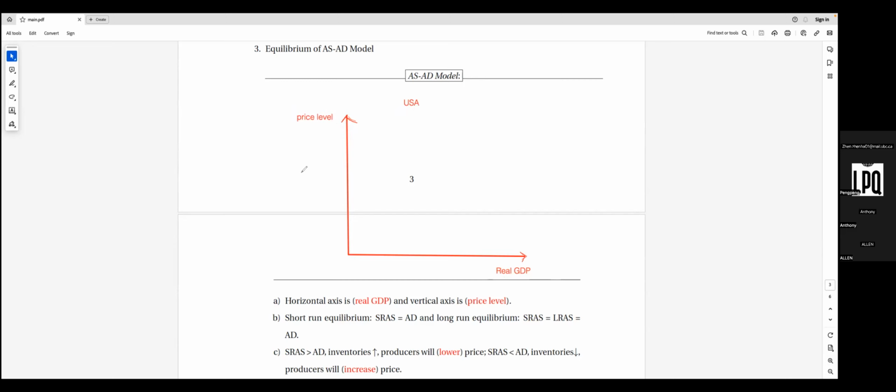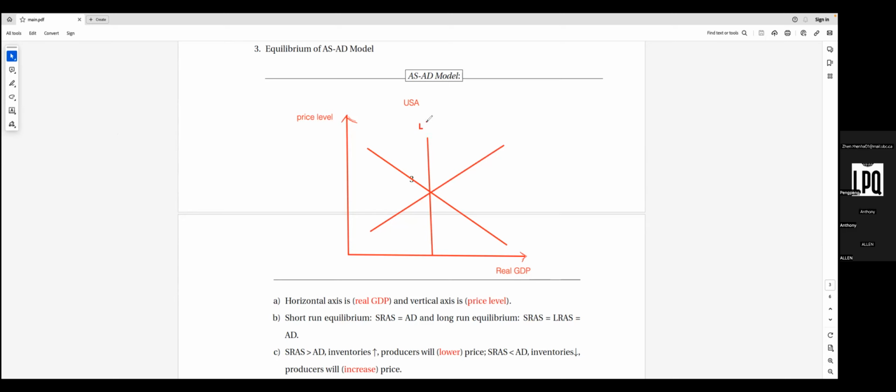The second difference between the AS-AD model and the supply and demand model is that in this model, we have three curves in total. In micro, we just have two, but here we have three. Why? Because we have two different versions of the supply curve.